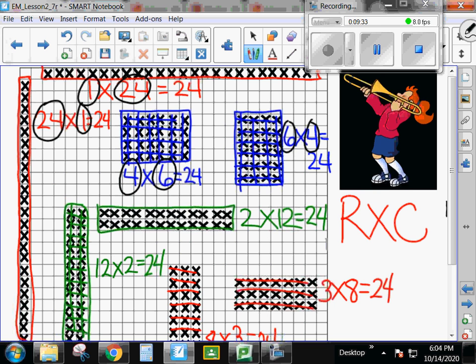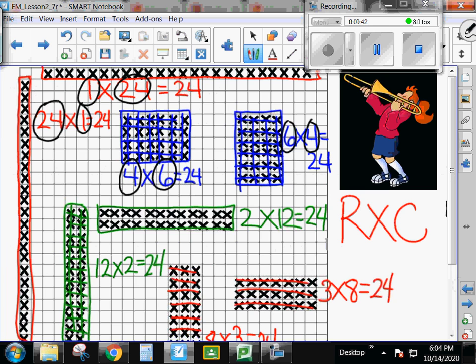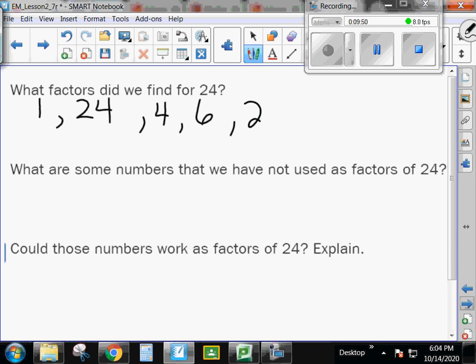So those are both the same. So I had 4 and 6. And then I had 12 and 2, or 2 and 12. And then I had, did I have any other ones? Oh, yes, I had the 3 and the 8.